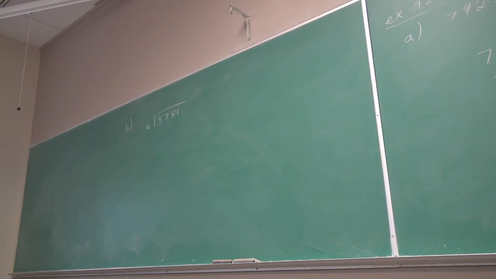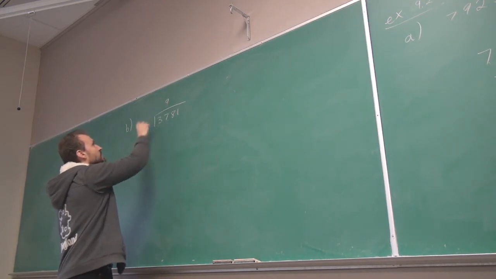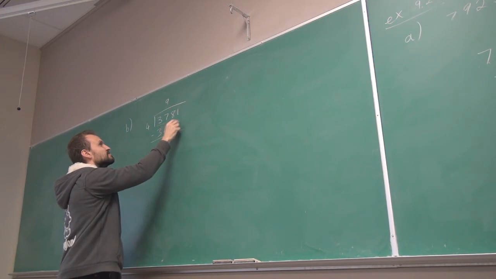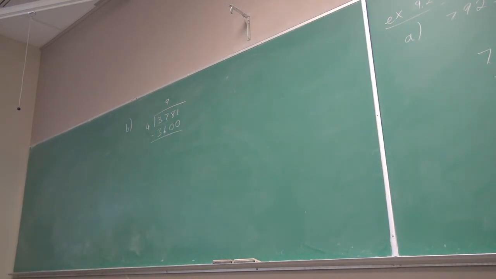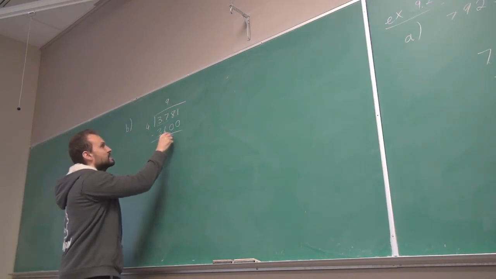No? 9. 9 times 4 is 36. I like the zeros. Don't want to be too lazy. Take that away and I have a 181.